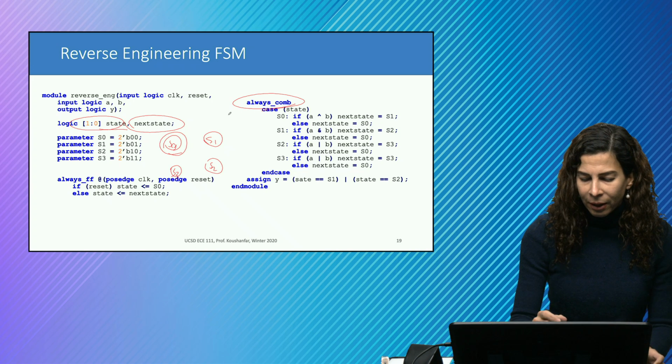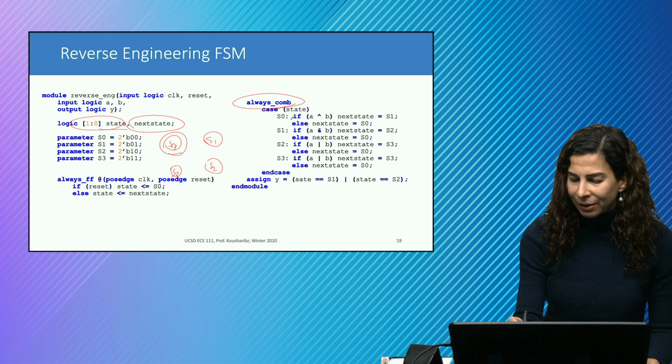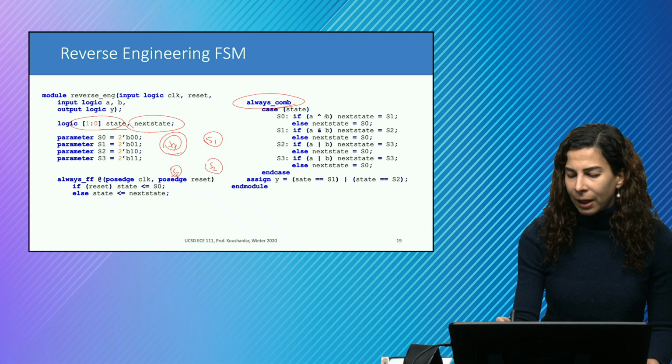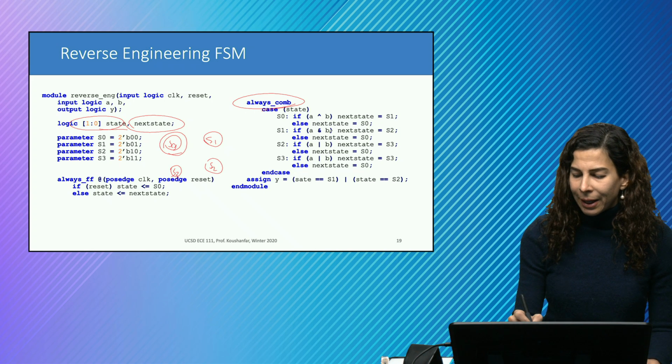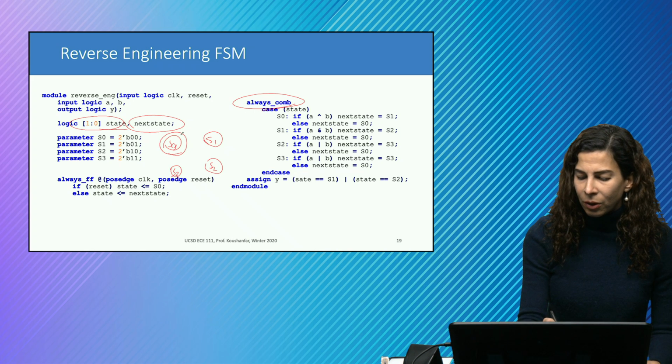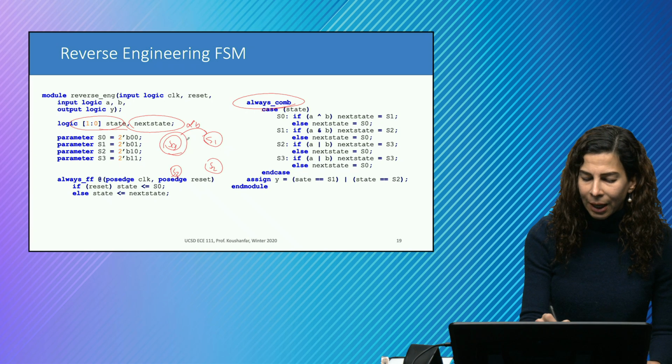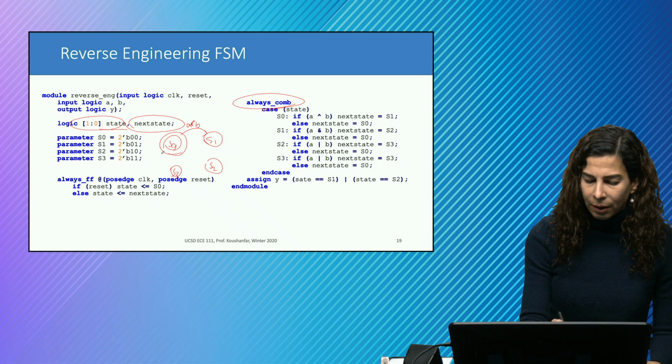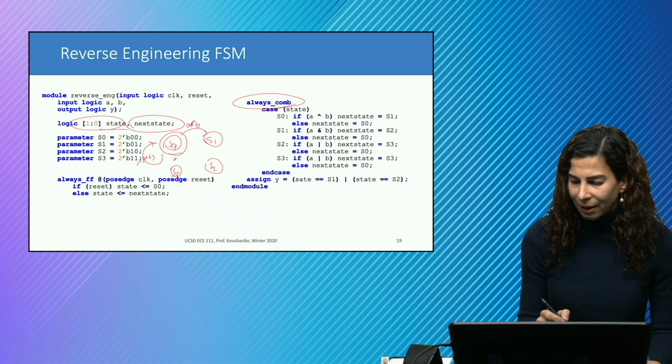So here it says, if A or B is true, then if you're in S0, the next state will be S1. If not, basically not A or B, we stay in the same state.